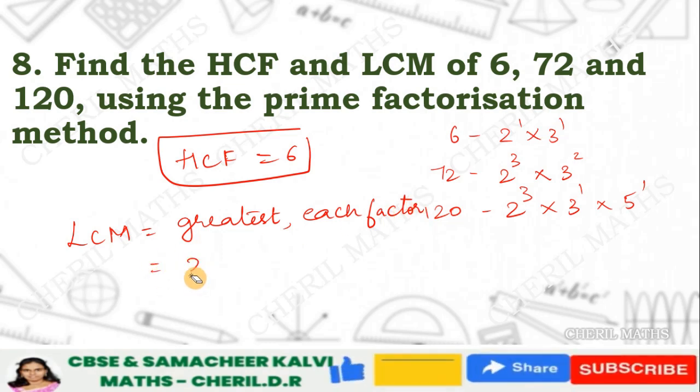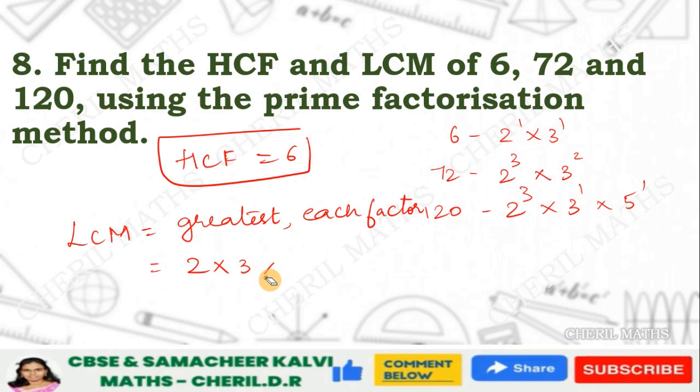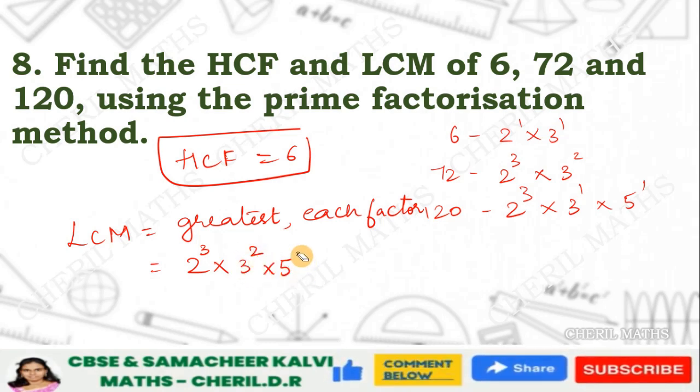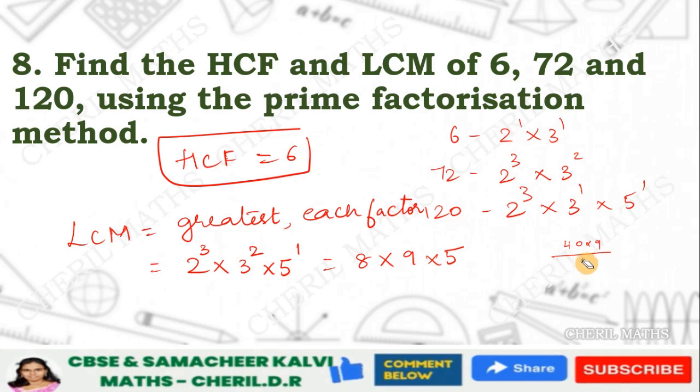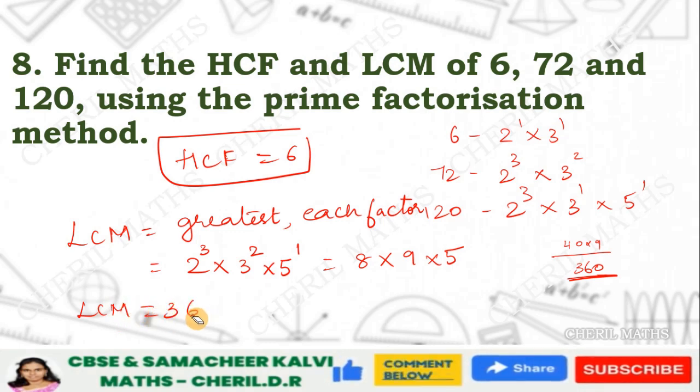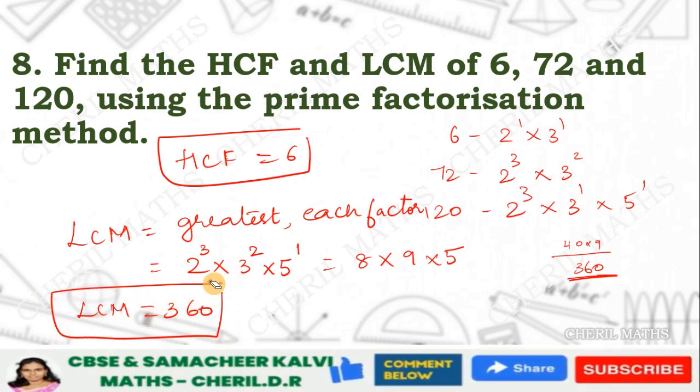What are the factors you have in total? 2, 3 and 5. For 2, what is the greatest power? 3. For 3, what is the greatest power? 2. For 5, what is the greatest power? 1. So what do you get? 8 into 9 into 5. 8 5s are 40, so 40 into 9, 9 4s are 36, so 360. So your LCM is 360.